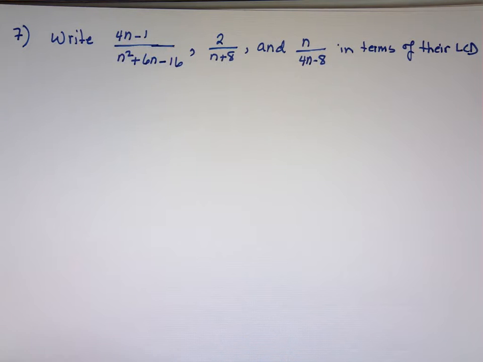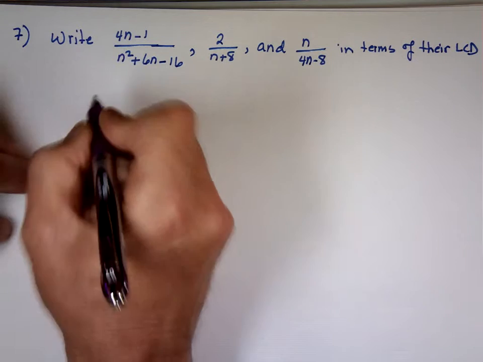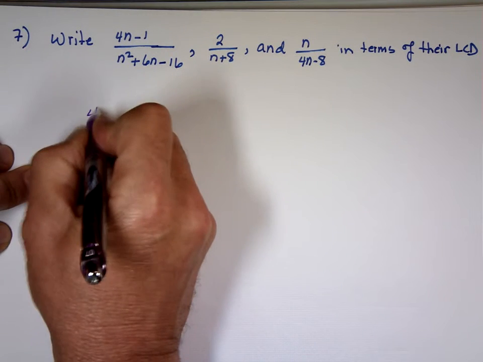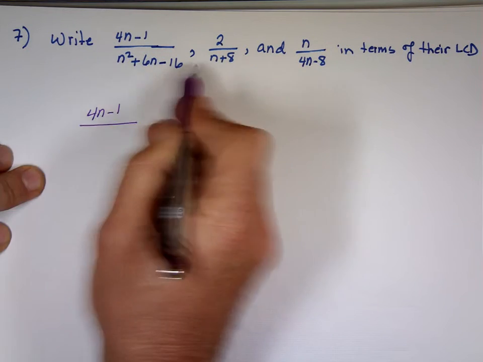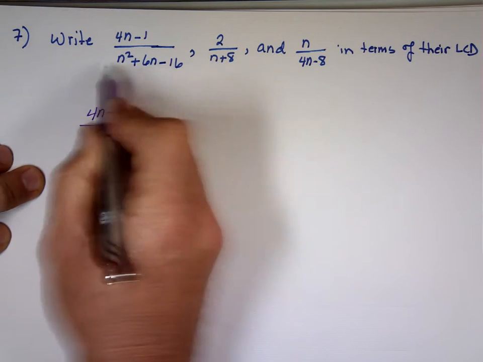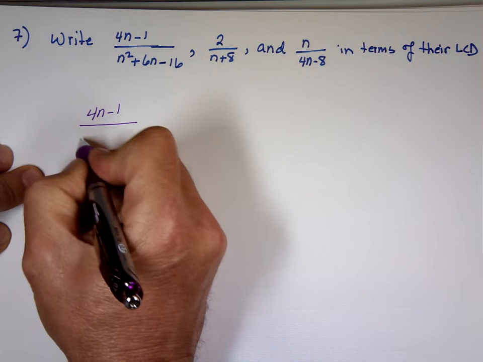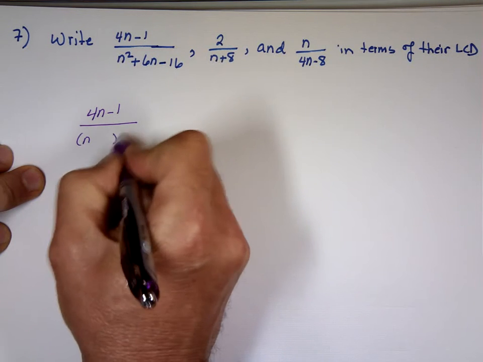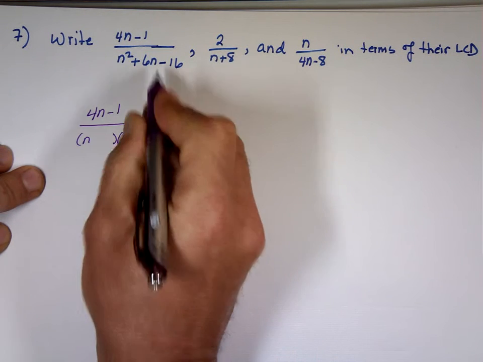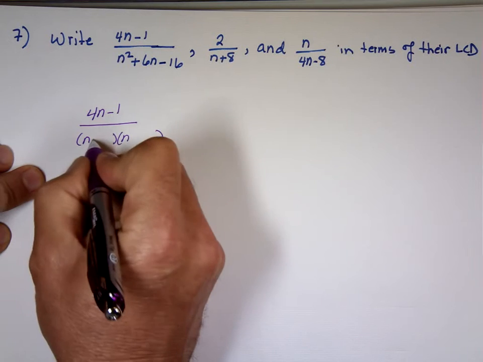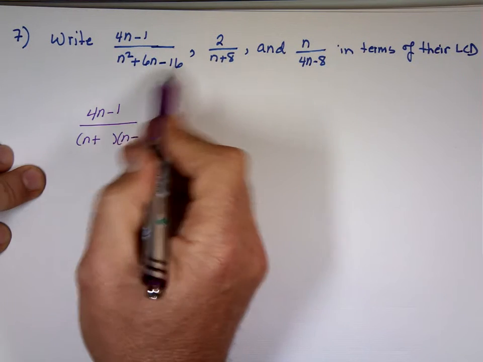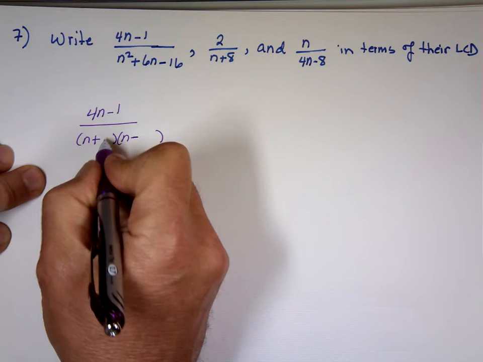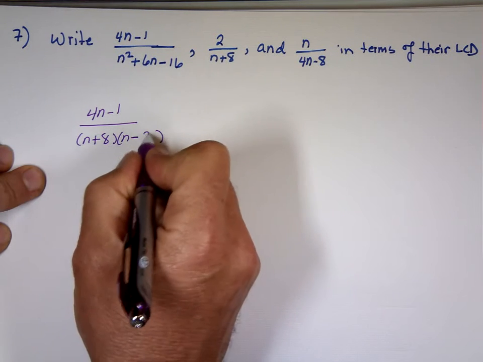Well, before I start talking about their LCD, I need to factor them first. Let's take the first one. When you factor this, this is n and n. This is a negative, which means one is positive, one is negative. But since you want the sum to be 6, that has to be plus 8 minus 2.